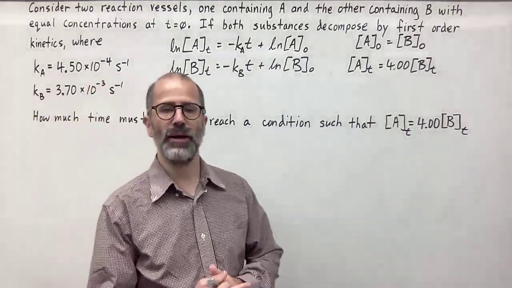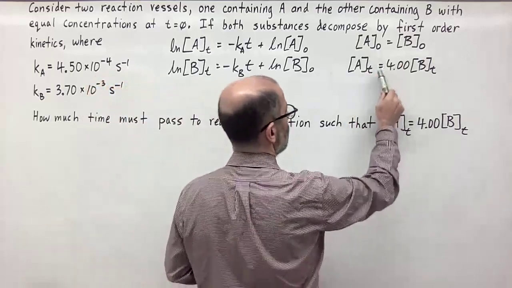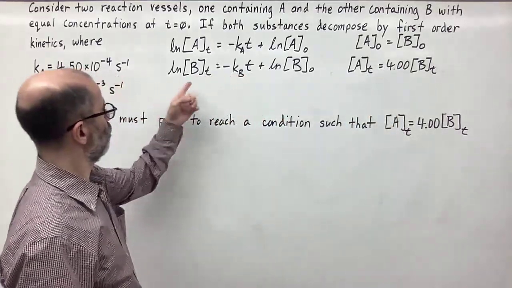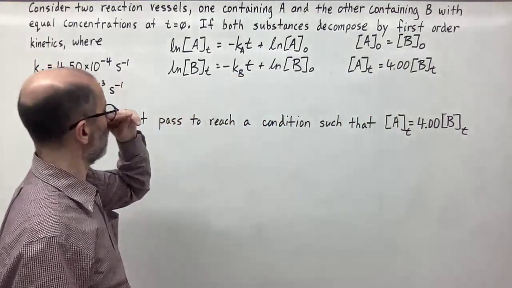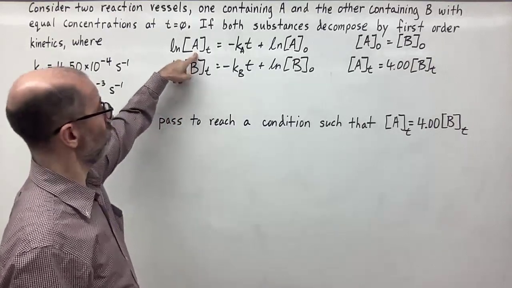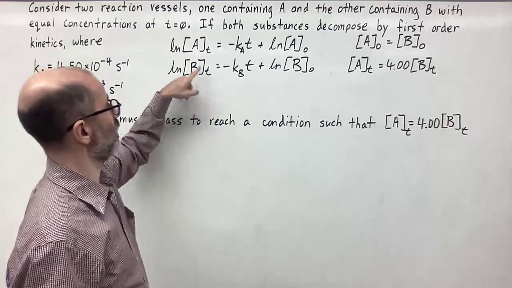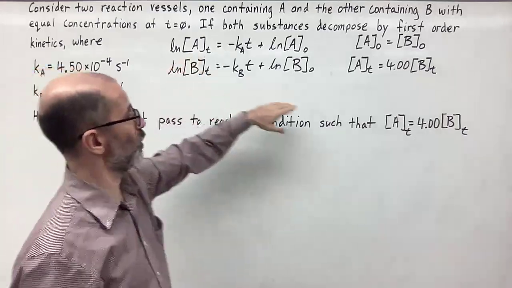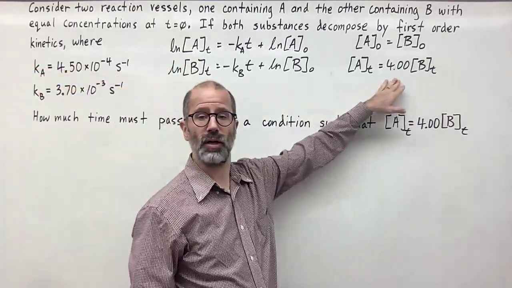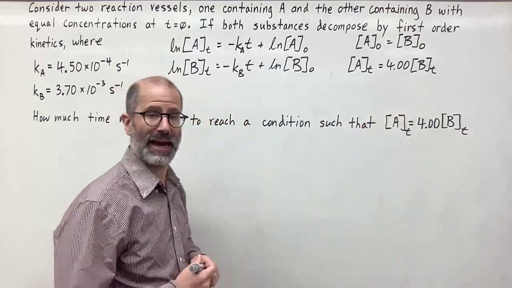Okay, so now that we have that, what we could do is substitute these in for B, right? Or we could do it for A. At time t, the concentration of A would be equal to 4 times the concentration of B at that time. So we could substitute that in.